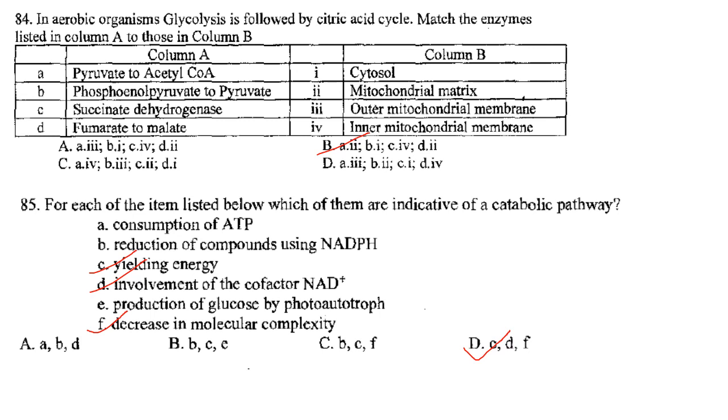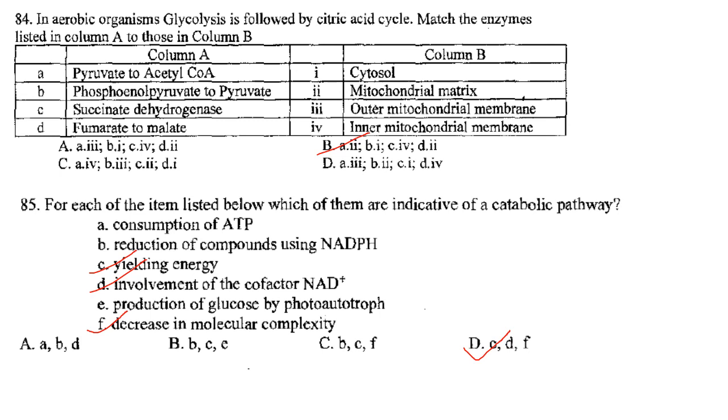Phosphoenolpyruvate to pyruvate takes place in cytosol. B1. Succinate dehydrogenase. It is present in inner mitochondrial membrane. C4. Fumarate to malate in outer mitochondrial membrane. In mitochondrial matrix, that is D2. So A2, B1, C4 and D2. So option B is correct.